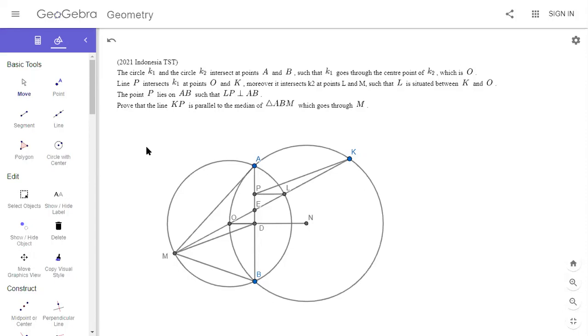Let's see. We want to show. Well, we know PEL is similar to OED, right? Because OD is perpendicular to AB and LP is perpendicular to AB. So we know those are similar. Yeah, maybe we could use that to show. I think that might be pretty close, actually.